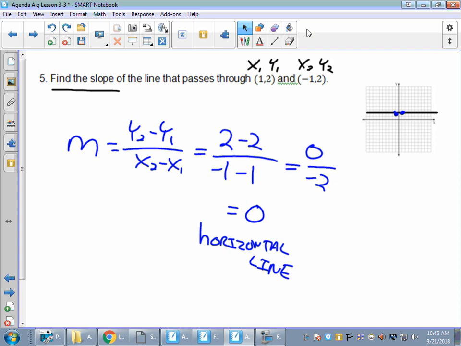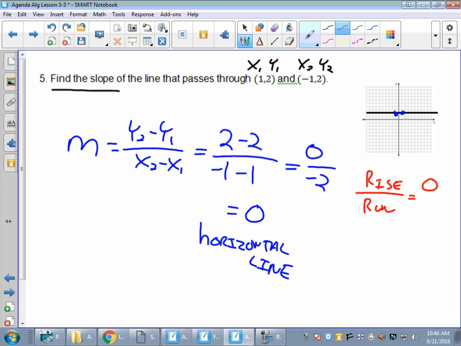And now if we talk about rise over run, our rise, did we go anywhere up and down to get from this point to the other one? No, our rise is 0. We didn't have any up and down change. And our run, sure, we went 2 notches to get from here to there, so our run was 2. Either way, that's a slope of 0. So we think about slope, horizontal slope being a 0 slope.